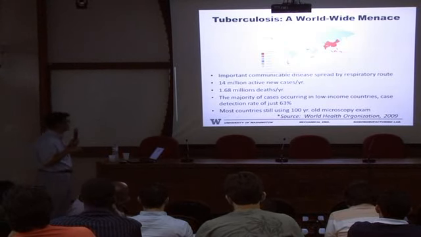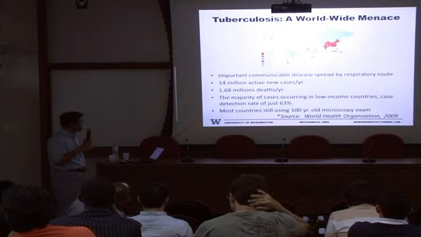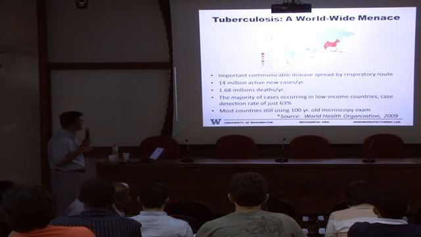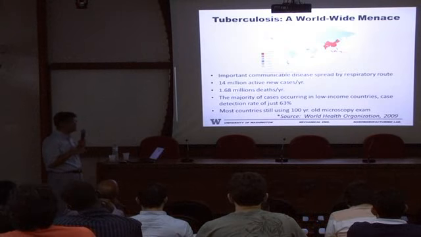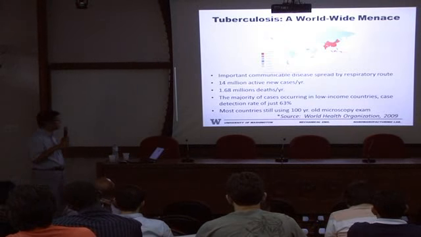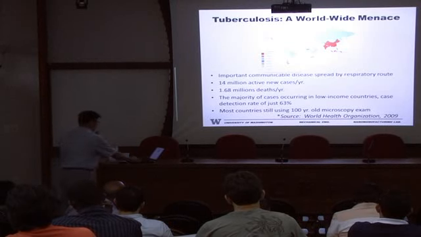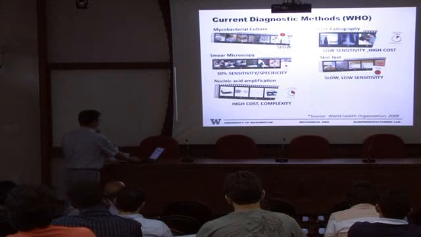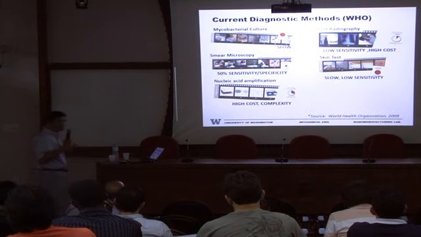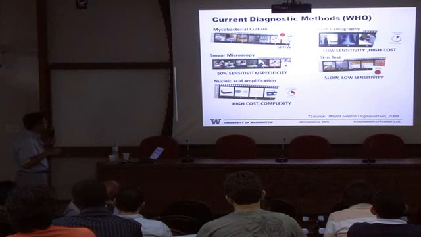And about 14 million active cases in a year. It's a really large number, and over 1 million deaths per year. So a lot of efforts are being made to rapidly diagnose this TB. But the problem is still the tools to detect this TB is problematic.